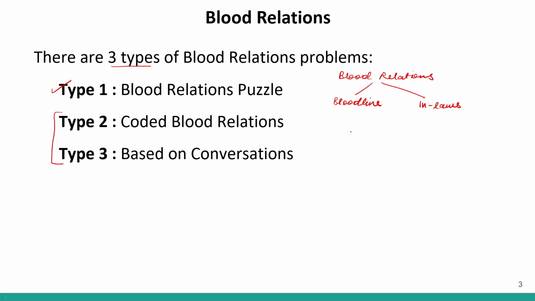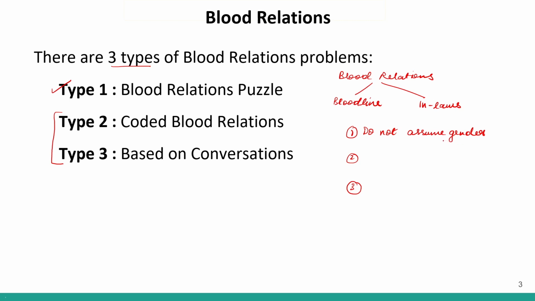And I've told you three important points to remember while solving questions on blood relations. The first point was to never assume any gender. Until and unless the gender of the person is specifically mentioned in the question, or you can derive it based on the data given, you cannot assume the gender based on name.